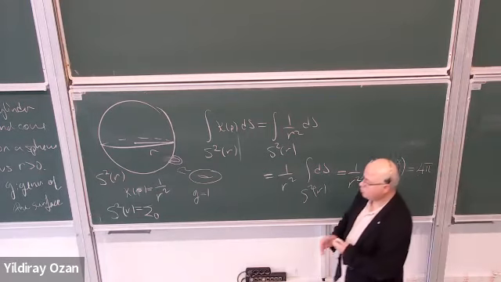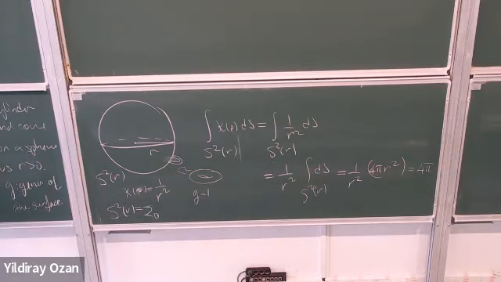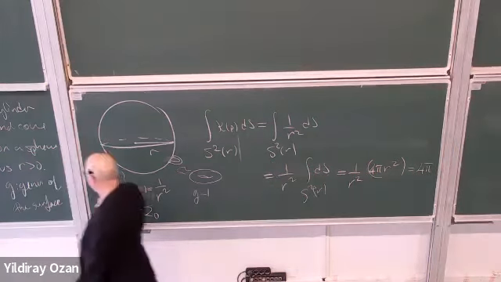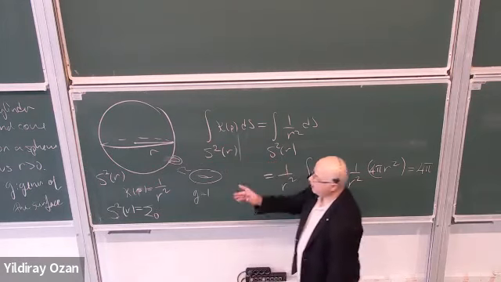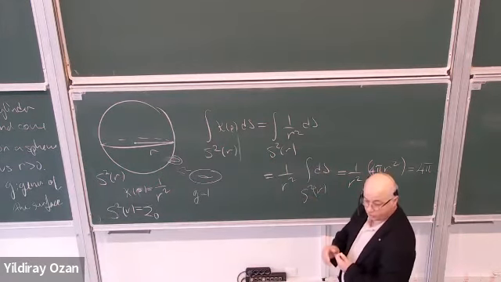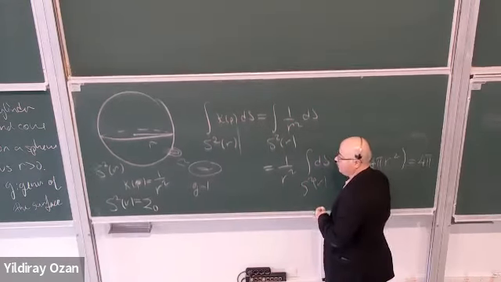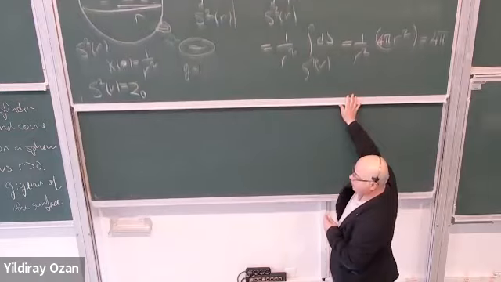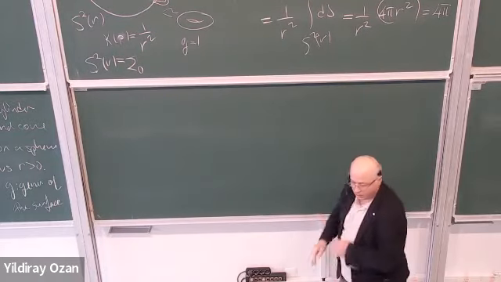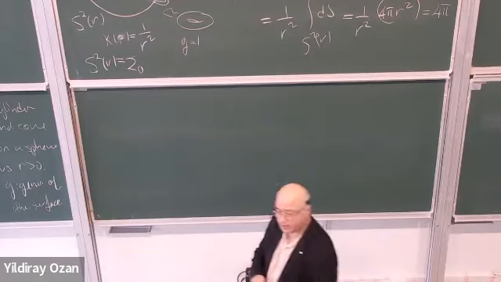Okay. So toward the end of the semester, we will learn about Gaussian curvature and the Gauss-Bonnet theorem and many other things related to curvature and so on. Also, let me tell you something about kinds of geometries.